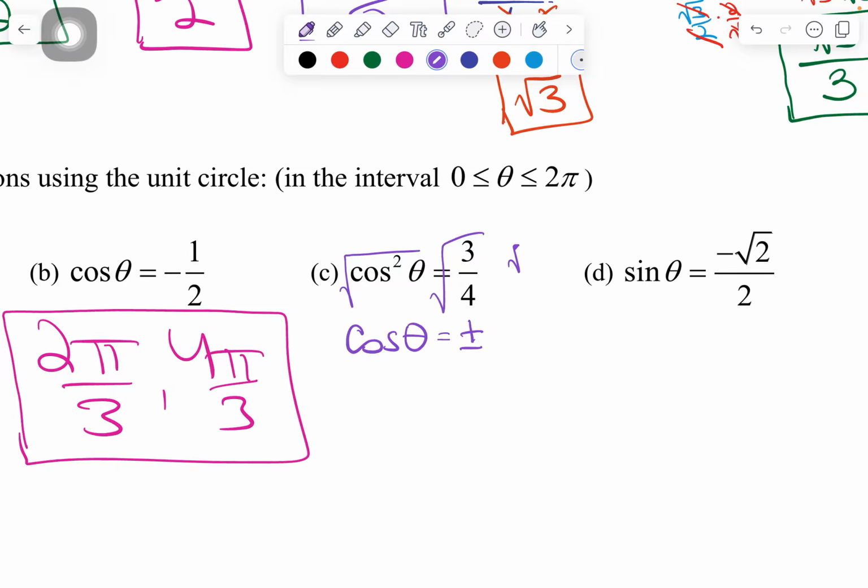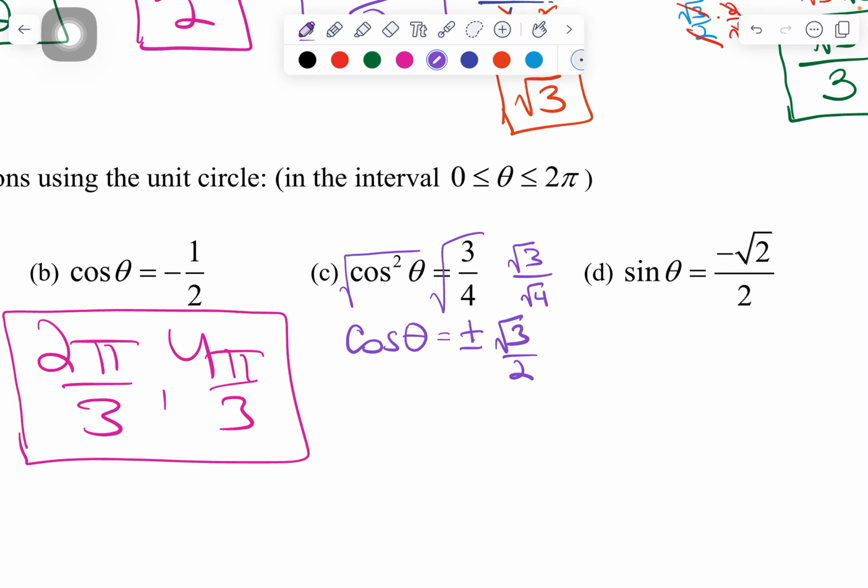When you have a fraction under a root, you can break this up into the root of the numerator, root 3, which I don't know what that is, and the root of the denominator, square root of 4, which I do know, that's 2. So what I'm going to be looking for here is all of the places through the unit circle where cosine has a value of either positive root 3 over 2 or negative root 3 over 2. I want all of them.